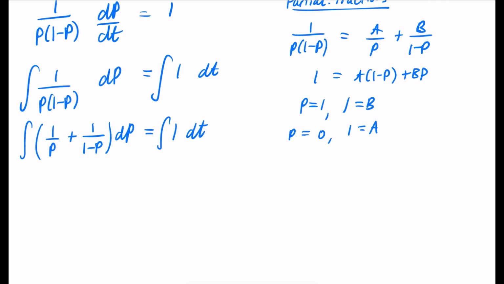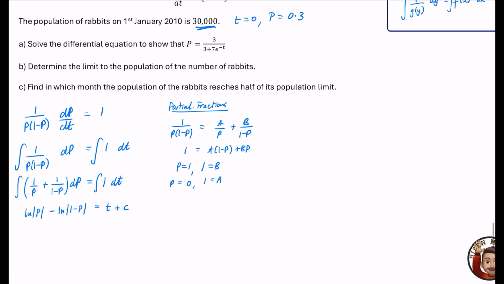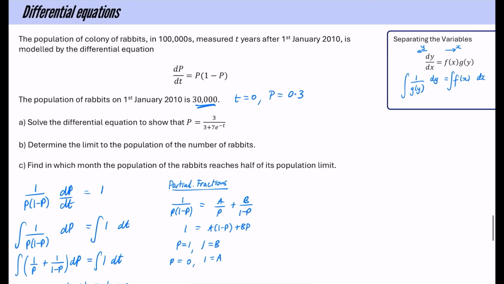It's equivalent, okay? So when I do the integration, 1 over p integrates to ln of p. This would be the ln of 1 minus p, but because this would differentiate to a minus 1 and I want it to be a plus 1, I will have a negative in there, and 1 integrates to t plus c. Now we don't want the c, we need to actually find out what the c is equal to.